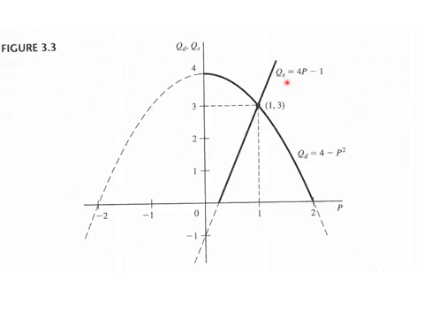When we applied the equilibrium condition and set quantity supplied 4p minus 1 equal to 4 minus p squared, then by taking all the terms over to one side, we ended up with the quadratic function that plots the parabola you saw in the previous slide. Here we are plotting the quantity supplied and quantity demanded functions separately.